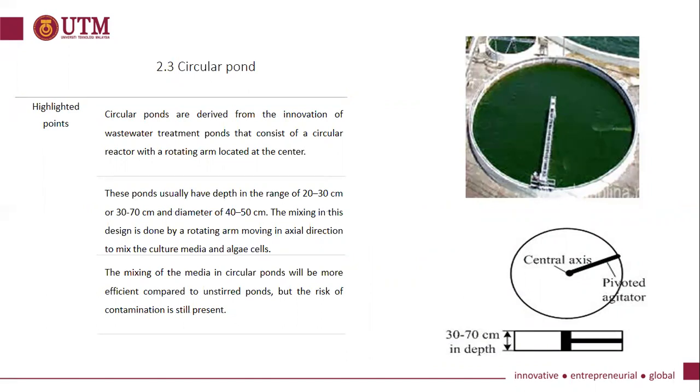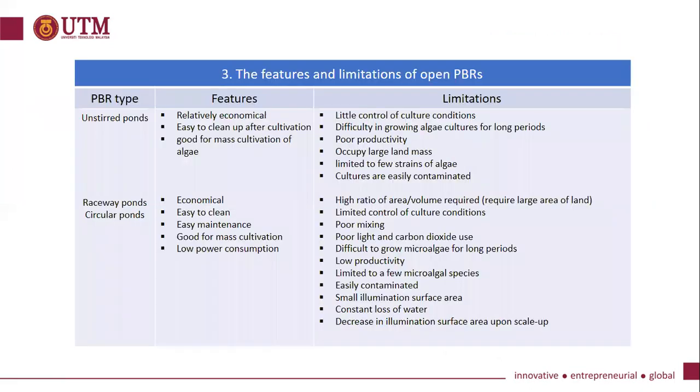The mixing in this design is done by a rotating arm moving in an axial direction. Here we have the advantages and the limitations for every type of photobioreactor in open system, and they almost have the same common limitations and advantages.